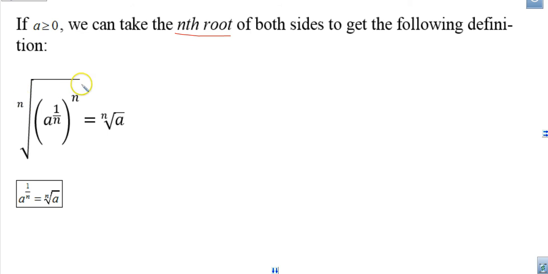So the nth root here will cancel out this exponent of n, and over here I have the nth root of a, because I have to do it on both sides. So I'm left with just what's inside the brackets on the left: a to the power of 1 over n is equal to the nth root of a. So whatever the denominator of that fraction exponent is will be the root that we are evaluating.